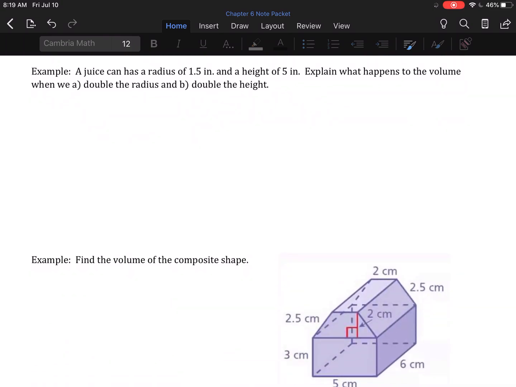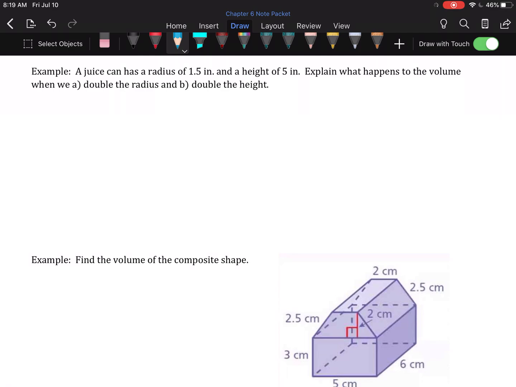A juice can has a radius of 1.5 inches and a height of 5 inches. Explain what happens to the volume when we double the radius and when we double the height. Okay, so we're going to have to do volume 3 times here. This is a cylinder, so it's pi r squared h. Since we're just comparing volumes, we're only going to do our answers here in terms of pi.